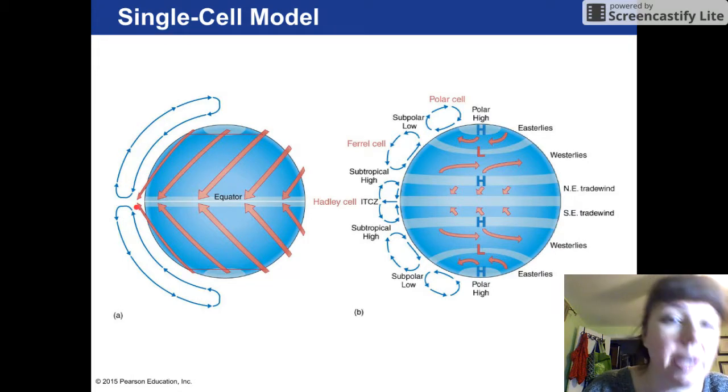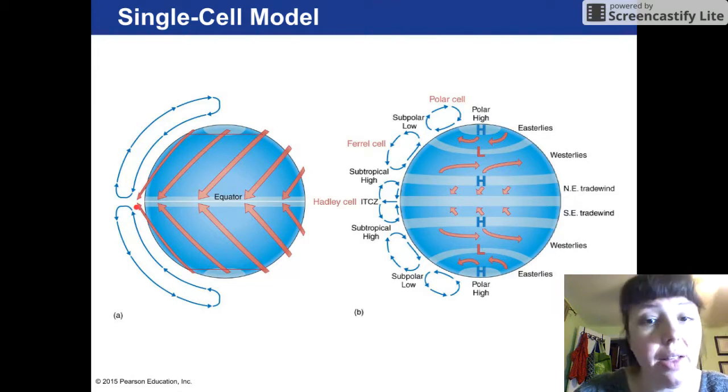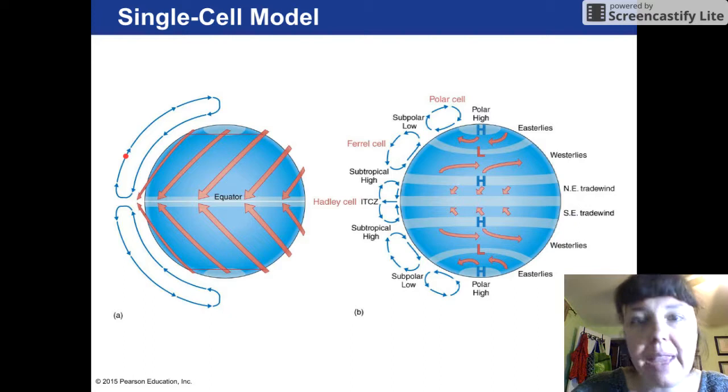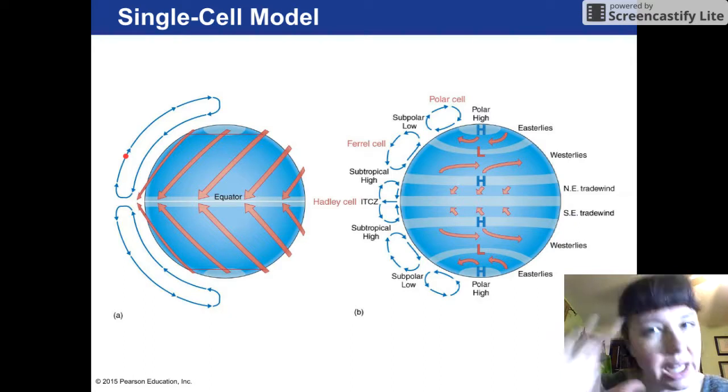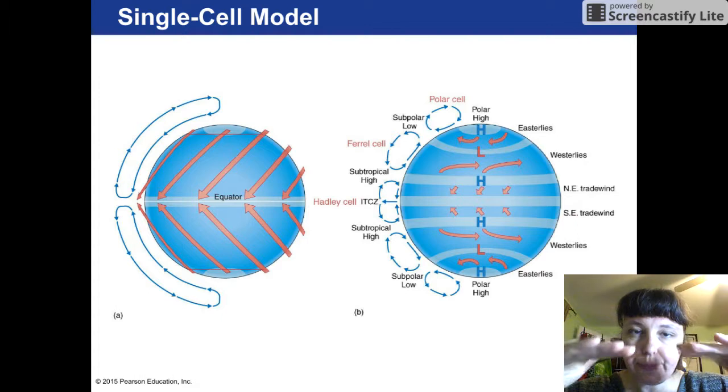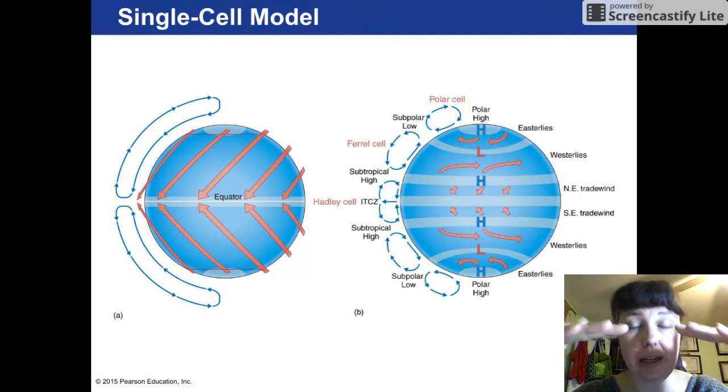But under the original Hadley scale model, it said that that energy would then move in the upper parts of the atmosphere, what we call air aloft. And by upper parts of the atmosphere, we're in the troposphere. So we're still in the lowest parts of the atmosphere. We're within our 30,000 meter mark, right?